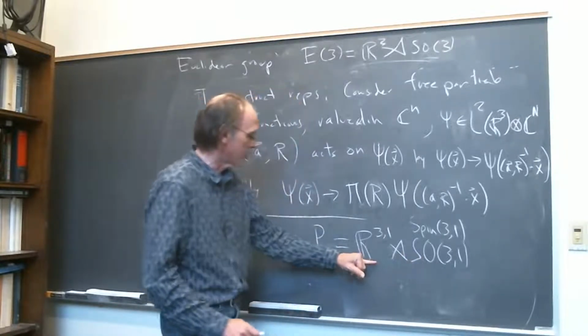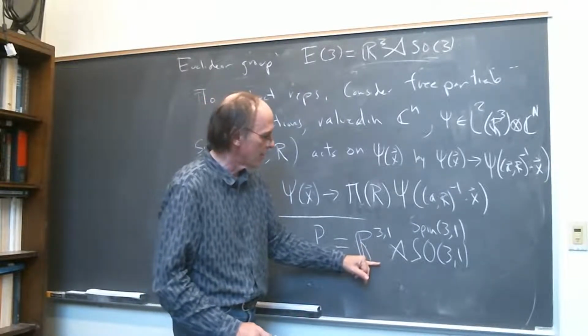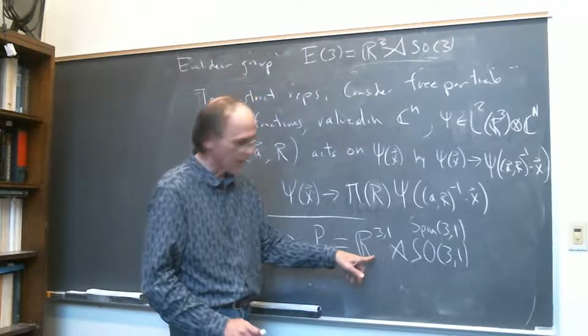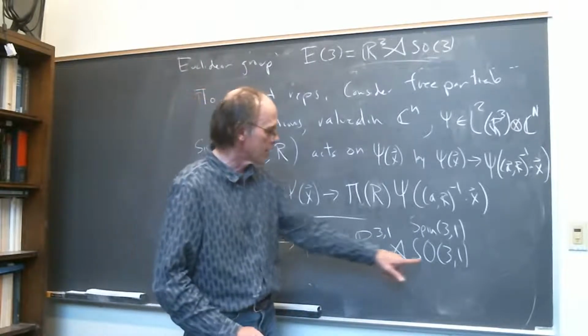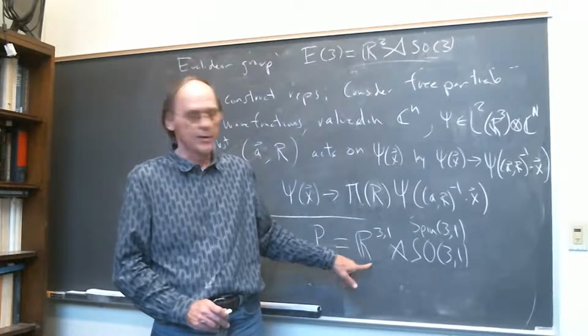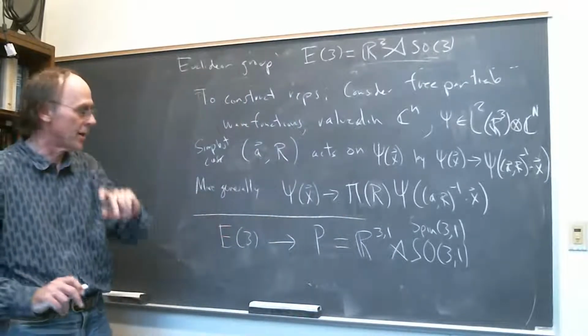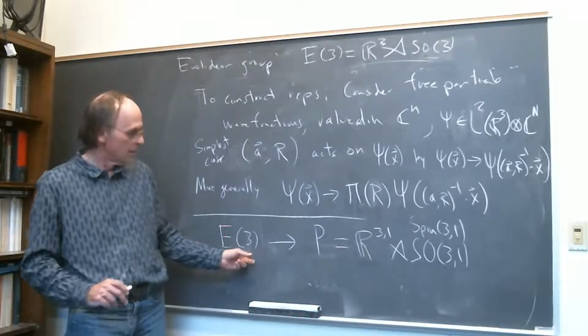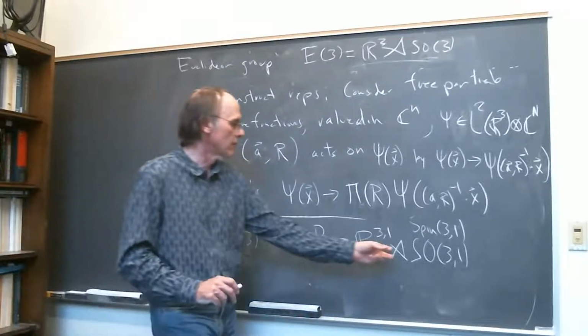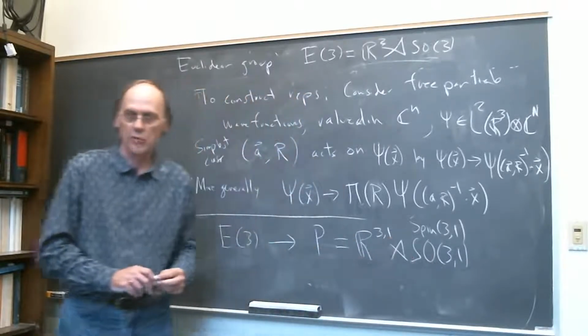You can think of this as a group of translations, but you're not just putting together translations and rotations, because your rotations are acting on the translations. That's why it's a semi-direct product group. But it's exactly the same story as for E3, just one dimension up.